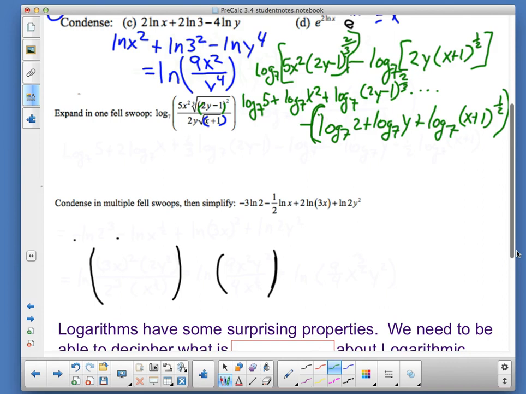Now, what I'm going to do in my next one, I'm going to take those powers and drop them to the front. It's 2 log base 7 of x, plus 2/3 log base 7 of 2y minus 1, minus log base 7 of 2, minus log base 7 of y, minus 1/2 log base 7 of x plus 1.